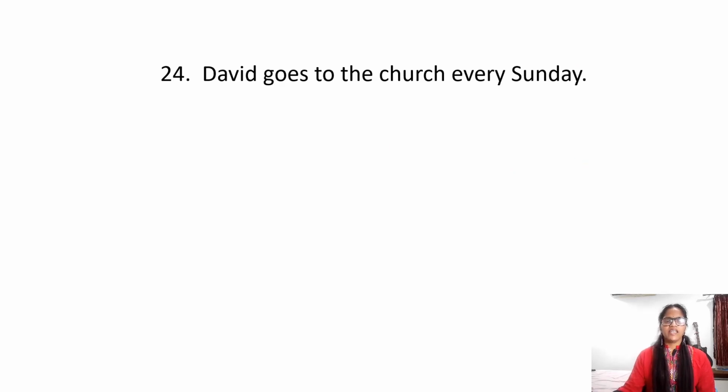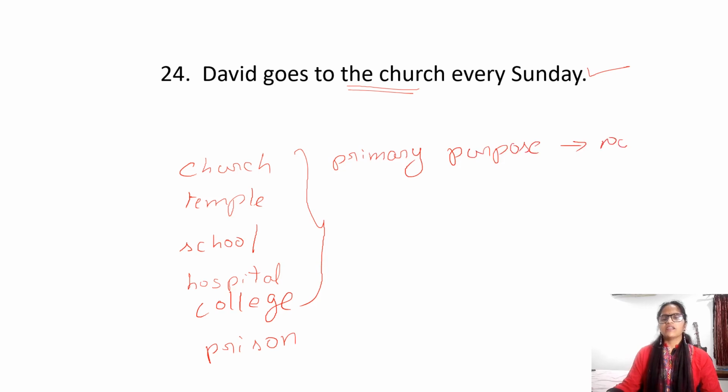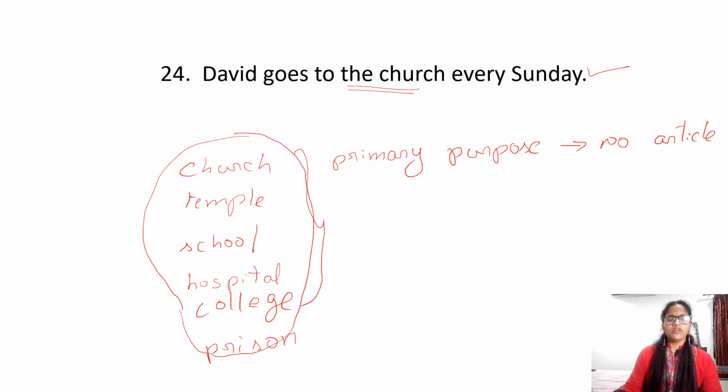Next question. David goes to the church every Sunday. Words like church, temple, school, hospital, college, prison, when these are used for their primary purpose, article is not used. You can use an article before these words if you are talking about something specific, right? Yesterday, I went to a church.